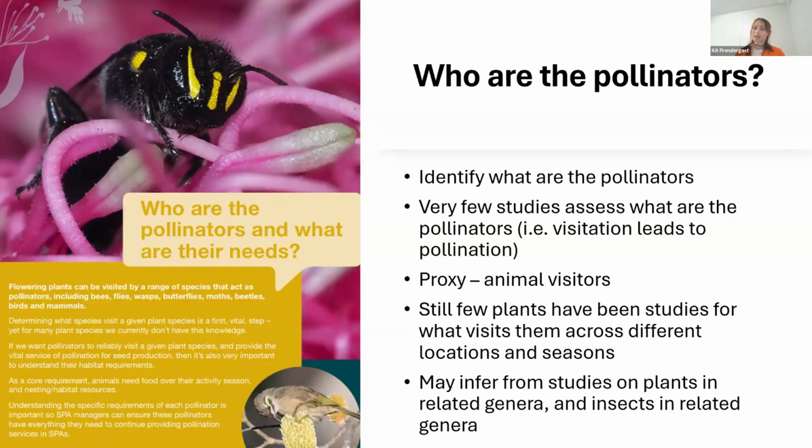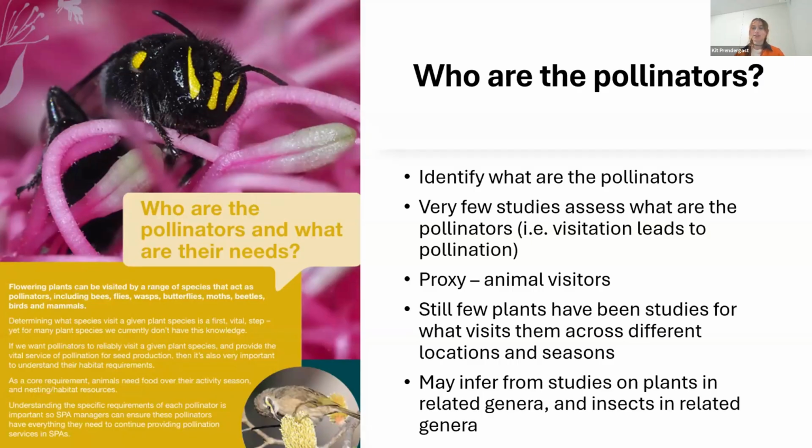And in Australia, at least, there's been very few studies that assess who the pollinators are of wildflowers, especially in terms of pollination. So pollination is a very complex process. Just because something visits a flower, it doesn't mean that it's actually the pollinator, but that's a good first step, the proxy of what visits.